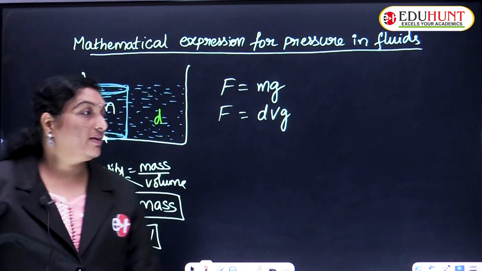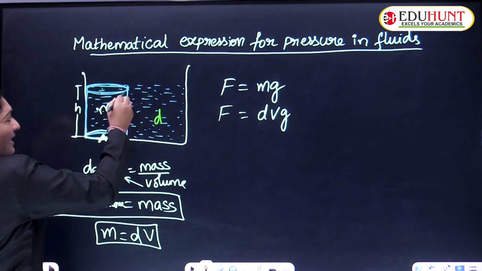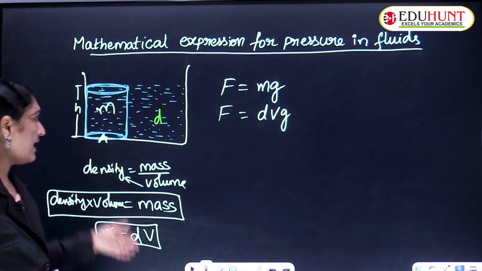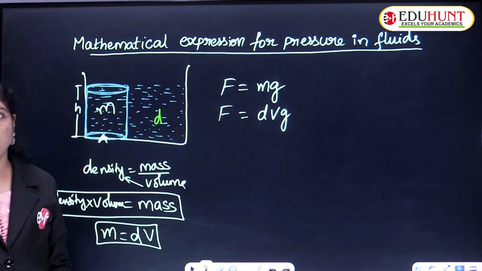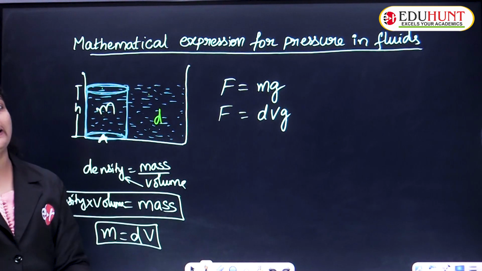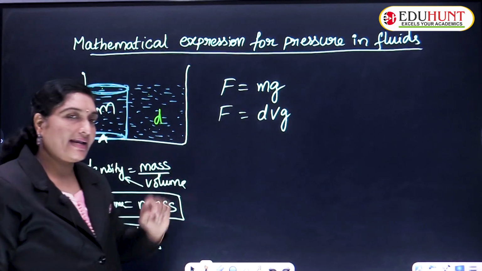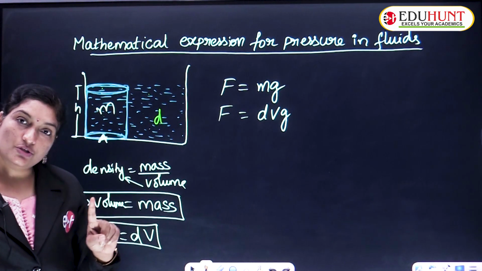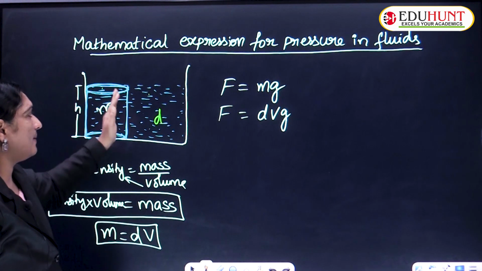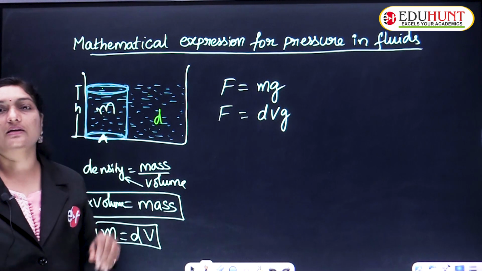As I have already given you the area of cross section as A and height as H, the volume can be given as area into height. Volume is equal to base area into height, which gives the complete volume.